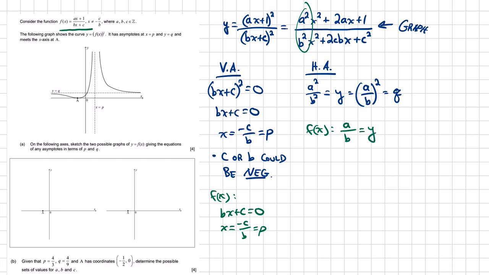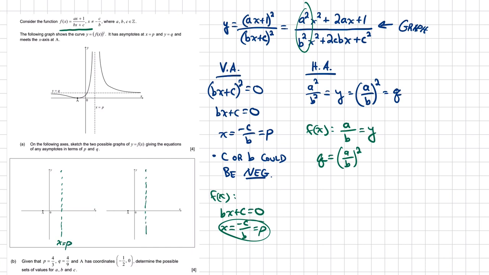Now I've got to think about q being equal to (a over b) quantity squared, right? Because part A asks us to graph the two possible graphs of f of x, giving equations of asymptotes in terms of p and q. Now we figured out here that my vertical asymptotes are just going to be the same thing that we have for our graph up top: x is equal to p.